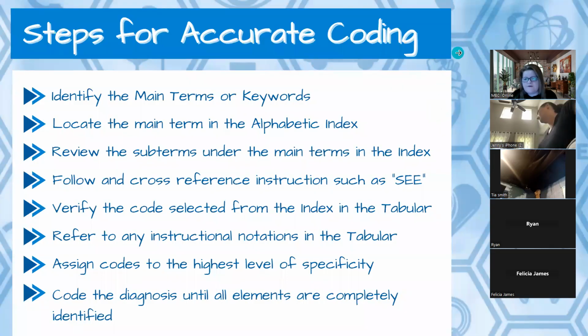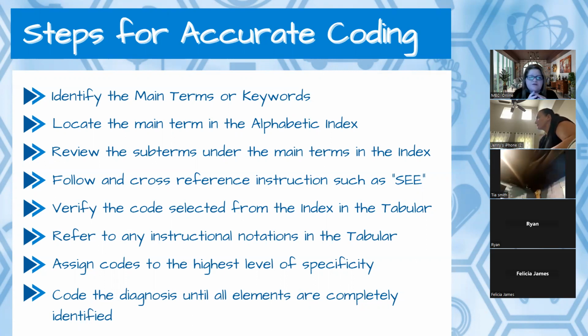All right, so we went over the steps for accurate coding last week, but you're using them even more this week. Now that y'all have had to dig into the ICD-10 and see the process a little more, maybe it'll make more sense. So I just want to hit on it real quick. Your number one step is identifying the main terms or keywords.